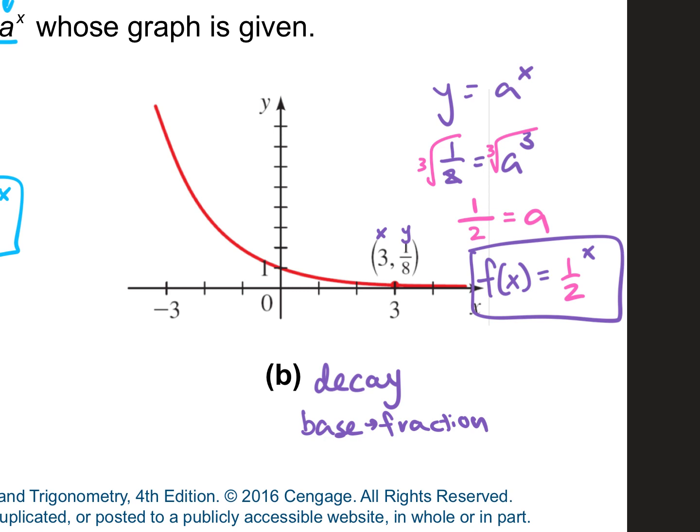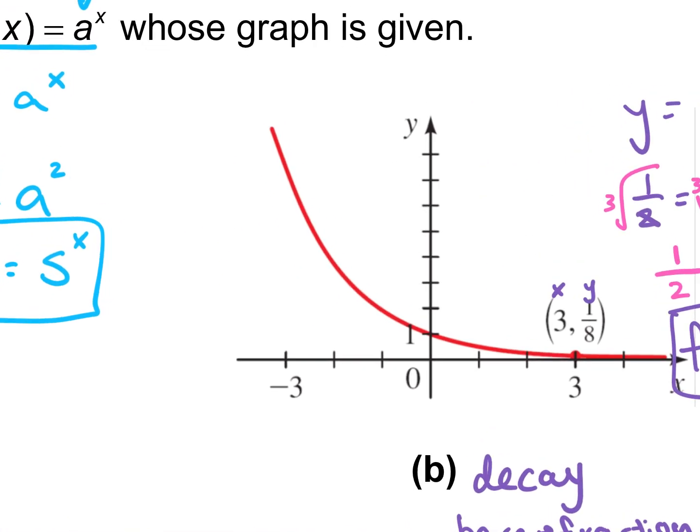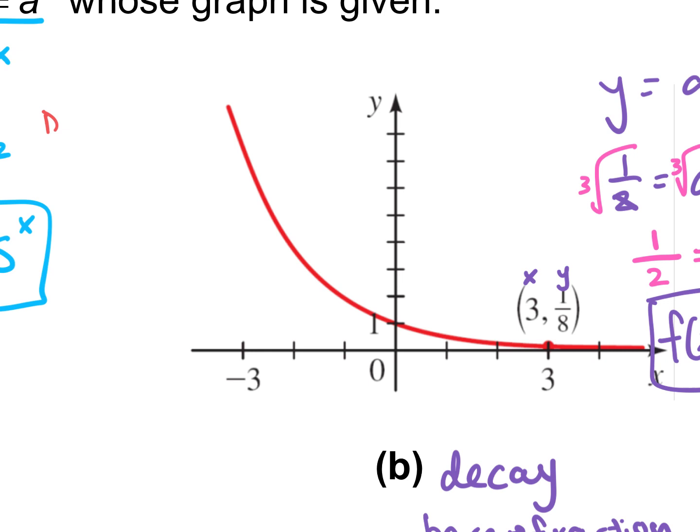One more thing on WebAssign, it's going to ask for the domain and range. So we're going to use this as an example and find the domain and range. You want to use the graph to help you. Let's put arrows on these because they go in both directions.